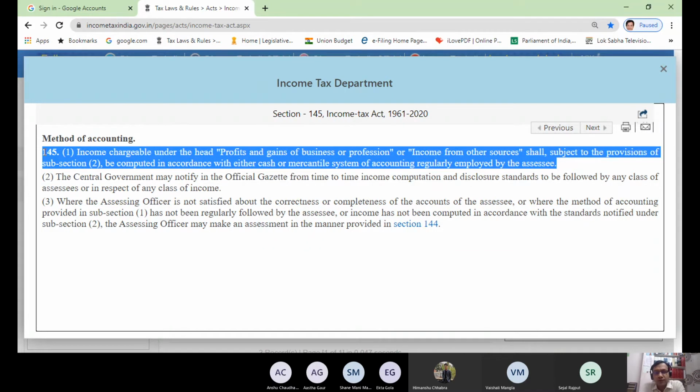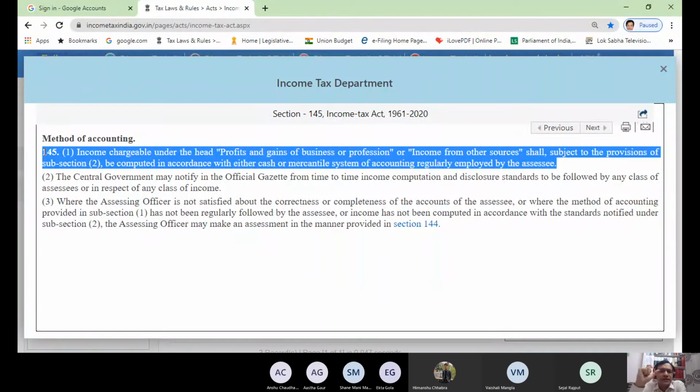Now there are 5 heads of income: salary, house property, PGBP, capital gain, other sources. In PGBP as well as in other sources, the assessee has the freedom to compute the income either on cash basis or on accrual basis. Why? Because of section 145. It's my choice under PGBP and income from other sources.